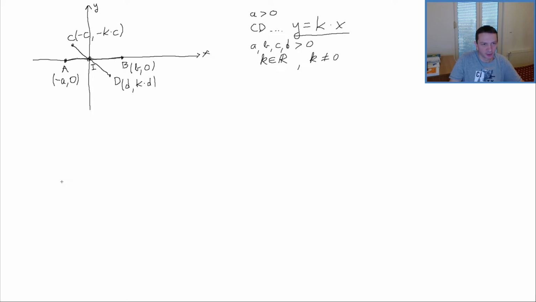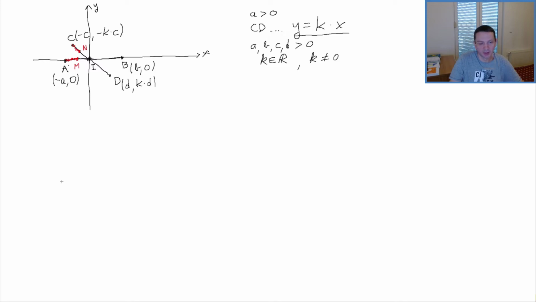We shall choose one point here, first line segment M, and the second one on the line segment CD, N, in such a way that the distance AM, this one, is equal to the distance CN.